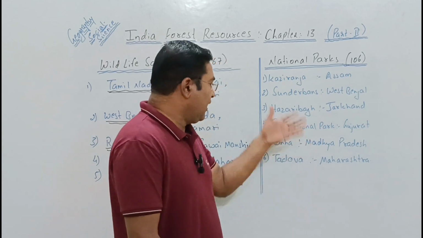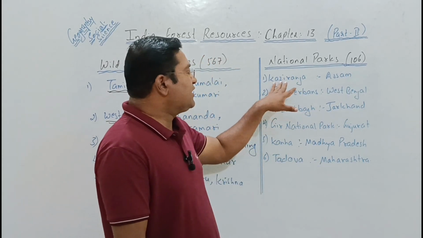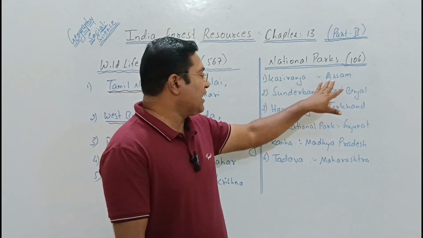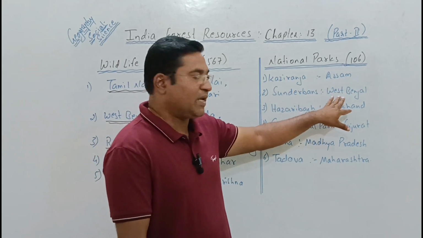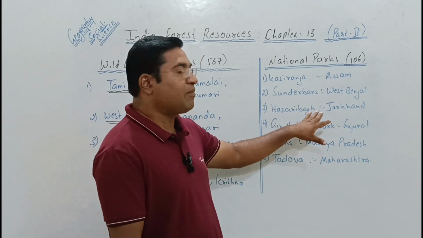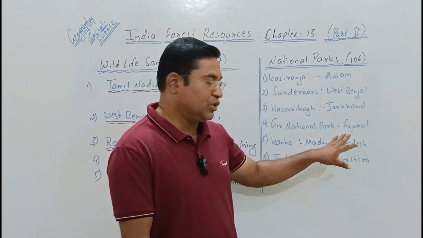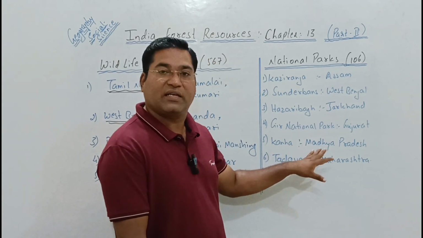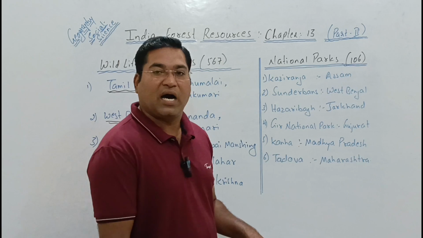Some very famous ones are Kaziranga National Park in Assam, Sundarban National Park in West Bengal, Hazaribagh National Park in Jharkhand, Gir National Park in Gujarat, Kanha National Park in Madhya Pradesh, and Tadoba National Park in Maharashtra.